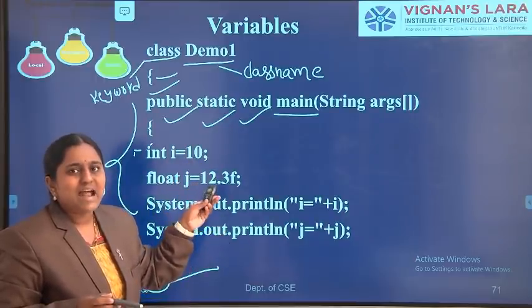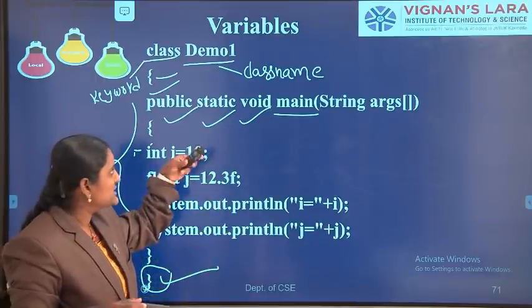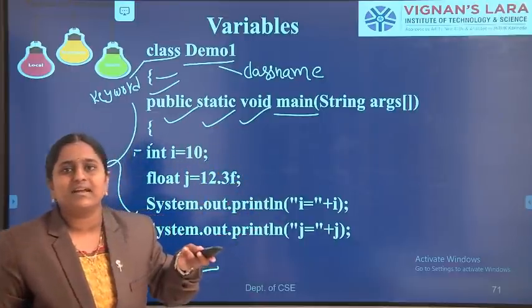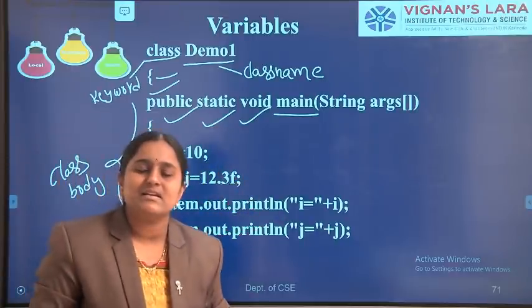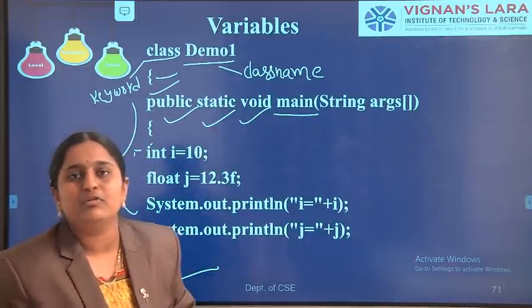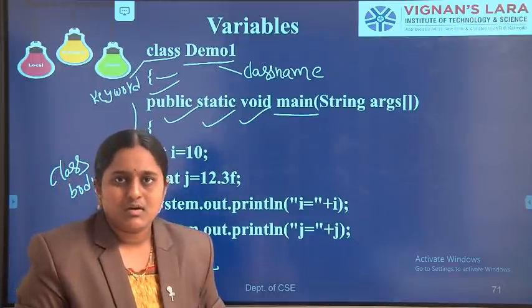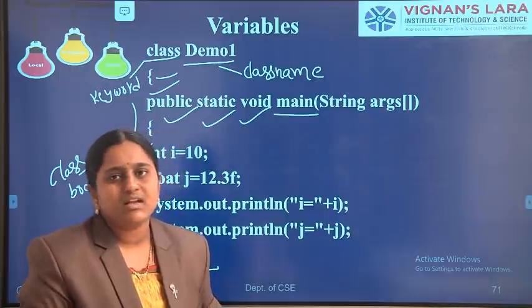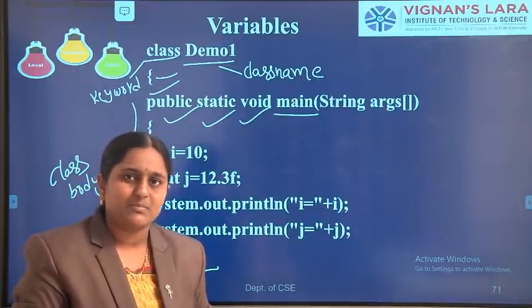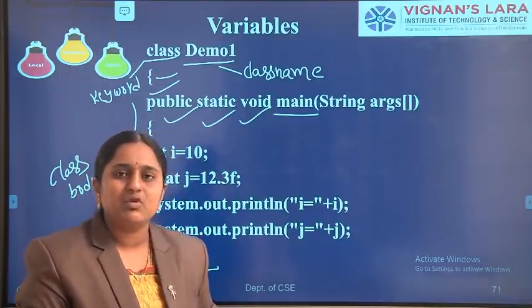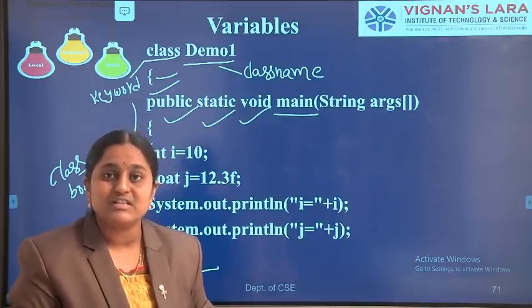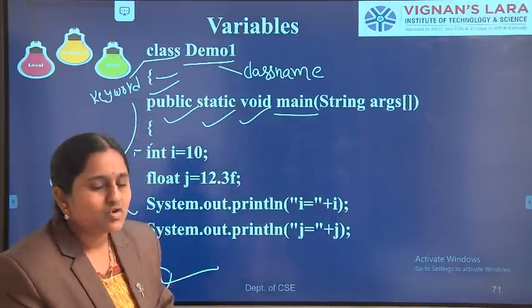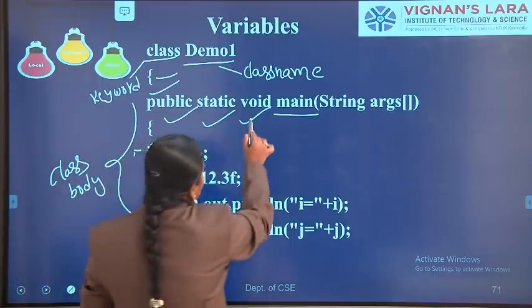The static keyword in the main method checks whether any objects are created before the main method. Static methods and static variables can be accessed without the help of any object. Void is a data type and it does not return anything.